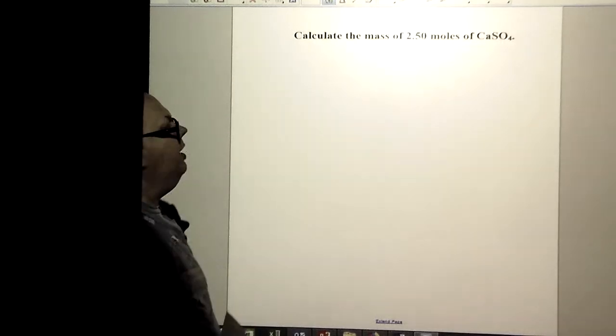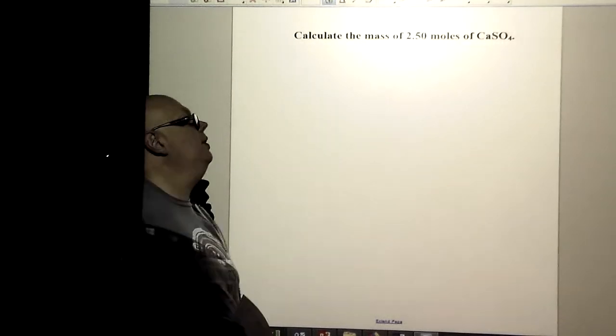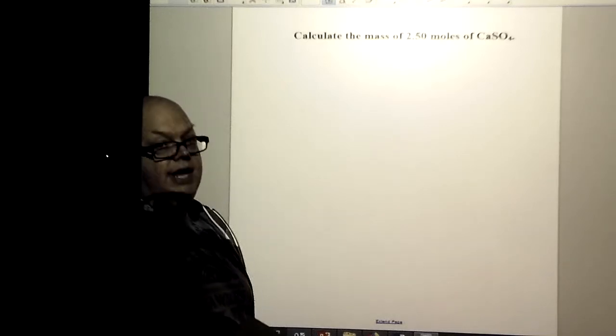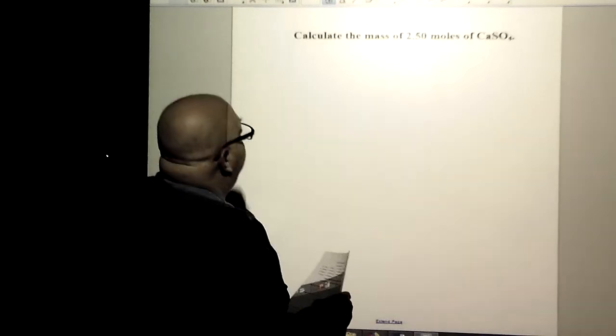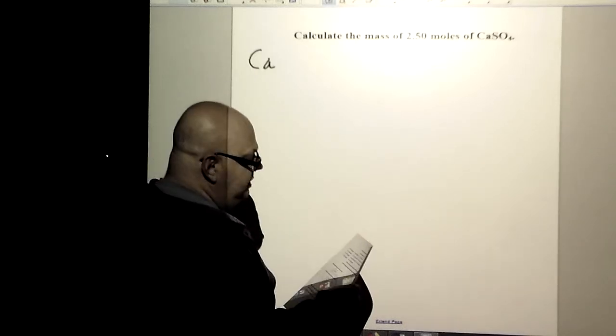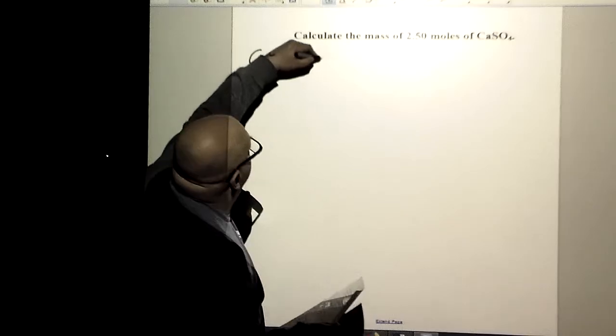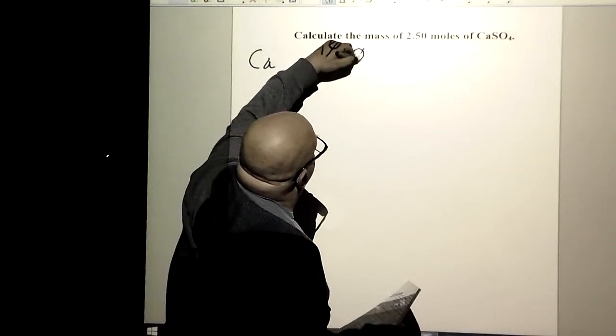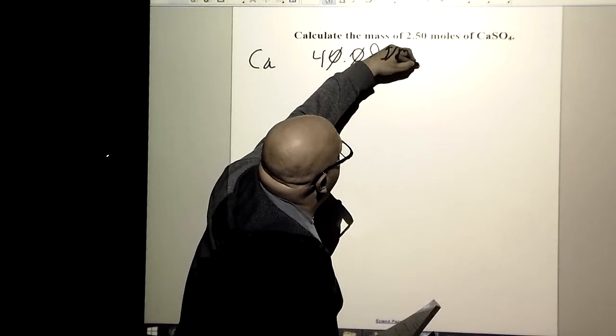Let's move on. Calculate the mass of 2.50 moles of CaSO4. Well, the first thing we need to do is find out what our molar mass is. Now, calcium is 40.08 grams per mole.